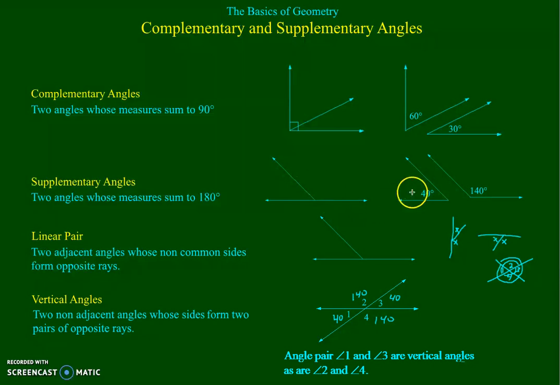They can be adjacent or non-adjacent. Linear pairs are two adjacent angles, they must be adjacent, whose non-common sides form opposite rays. So these are supplementary. And vertical angles are any two non-adjacent angles whose sides form 2 pairs of opposite rays. And vertical angles are always congruent.